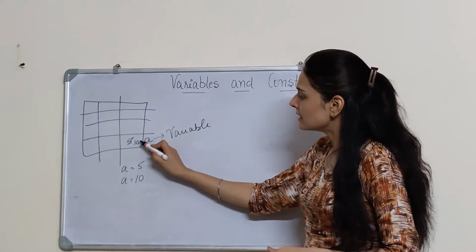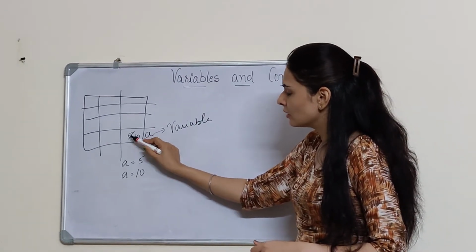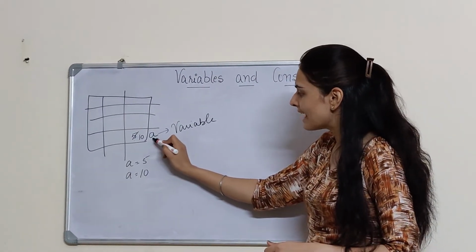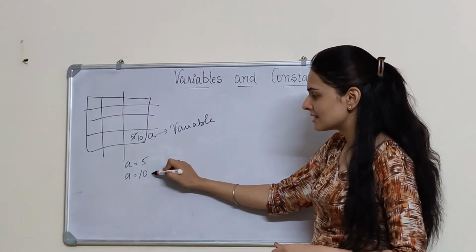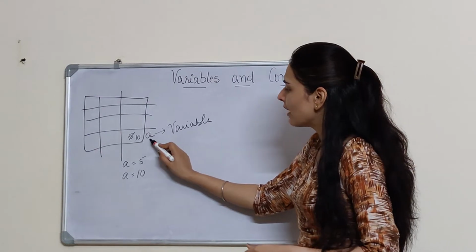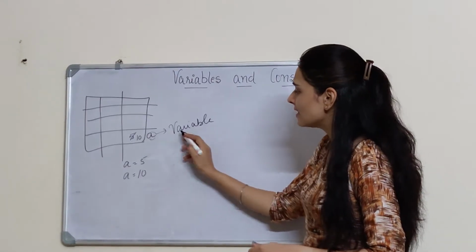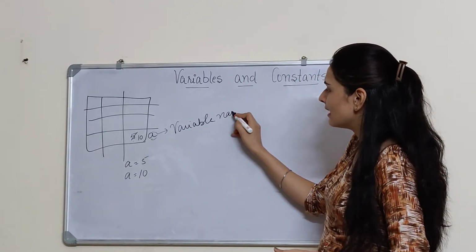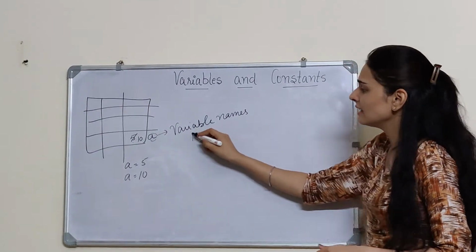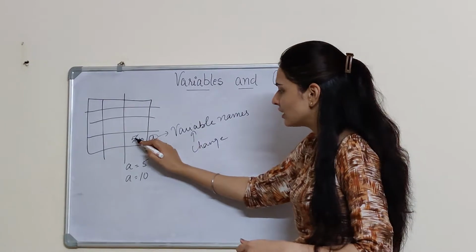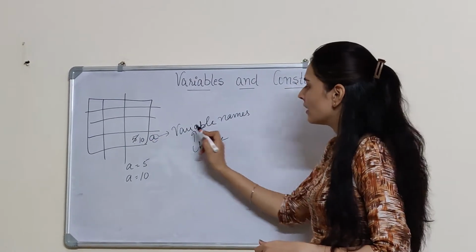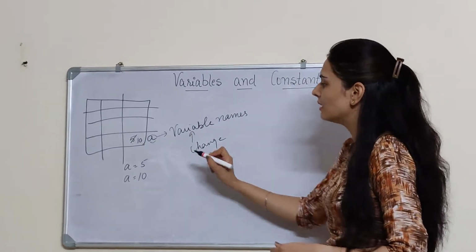So since the value within this particular cell location whose name we have given as A can change at different instances of time, that is why we call these names as variable names. Variable meaning what? Anything that can change. And since these values are changing according to the time, so we call these names as variable names.